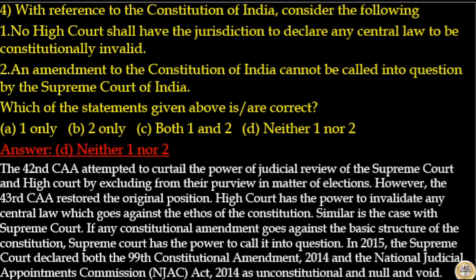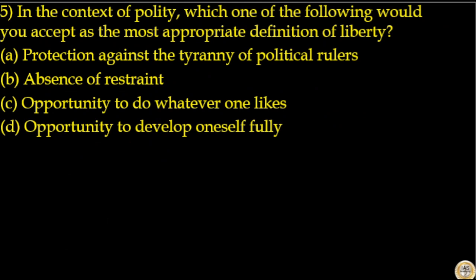If any constitutional amendment goes against the basic structure of the Constitution, Supreme Court has the power to call it into question. In 2015, the Supreme Court declared both the 99th Constitutional Amendment Act 2014 and the National Judicial Appointments Commission Act as unconstitutional and null and void. So, the answer to this question is option D.